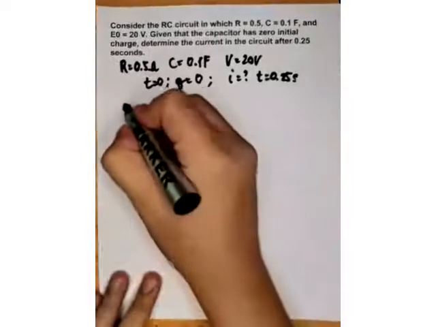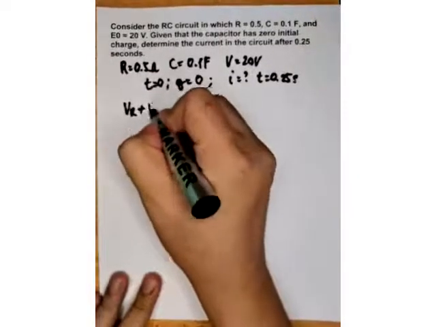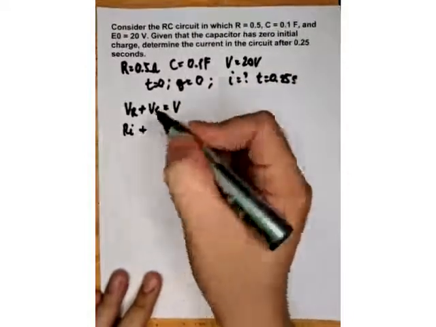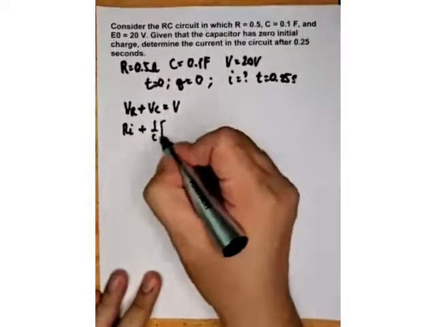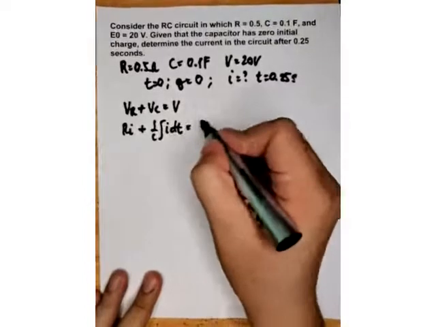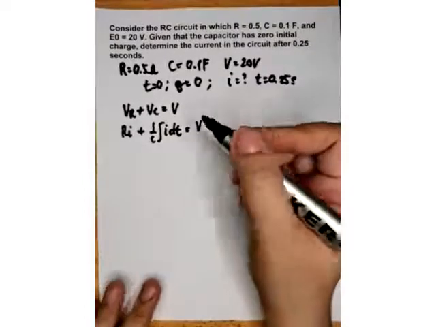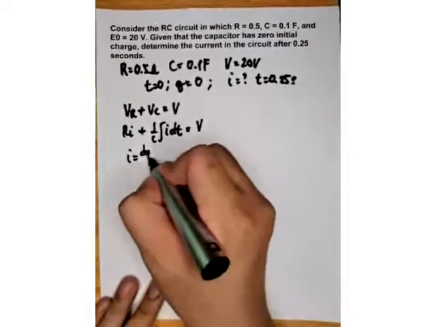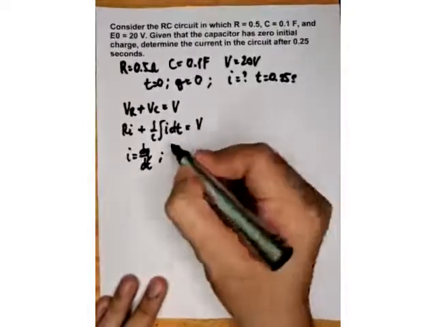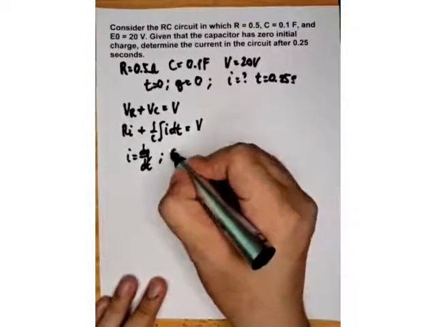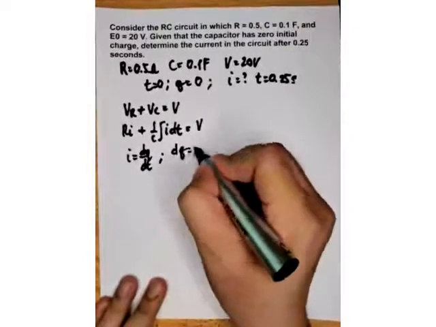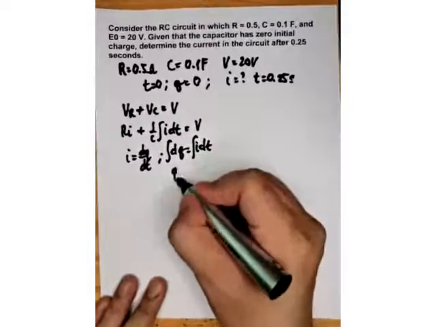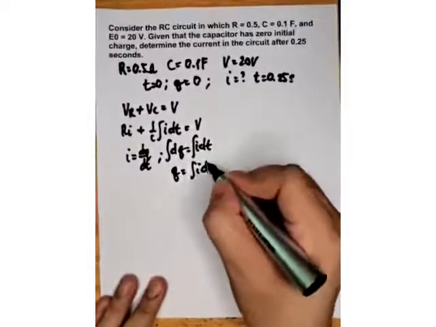So VR plus VC is equal to V. So this is RI plus 1 over C, the integral of I dt, is equal to V. Kaya lang, we will apply that I is equal to dq over dt, and cross-multiply, dq is equal to I dt, and then get the integral. So q is equal to the integral of I dt.